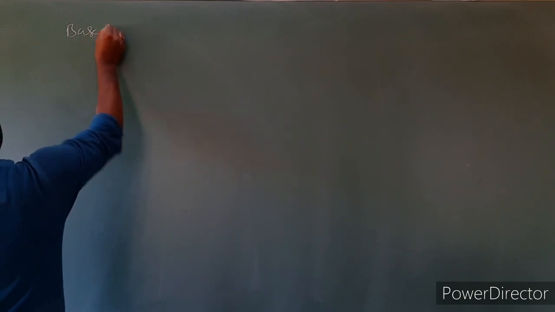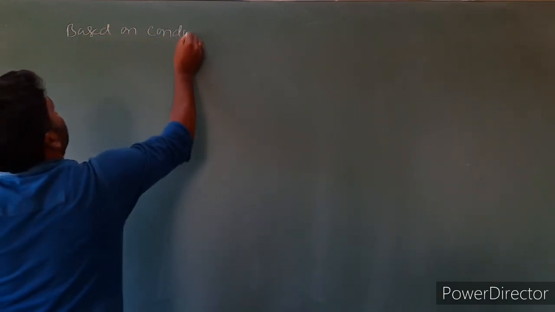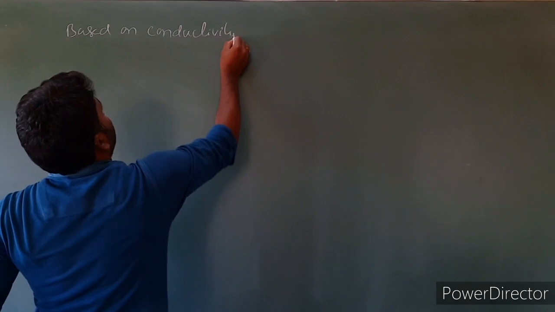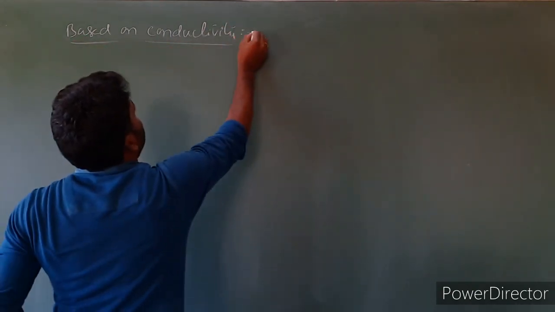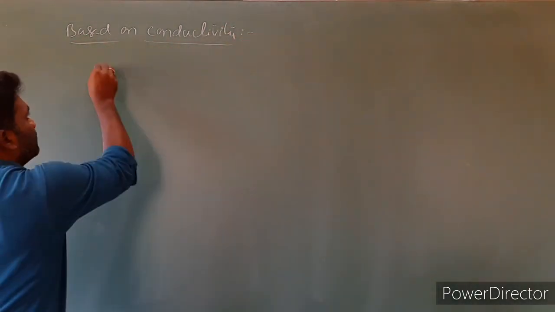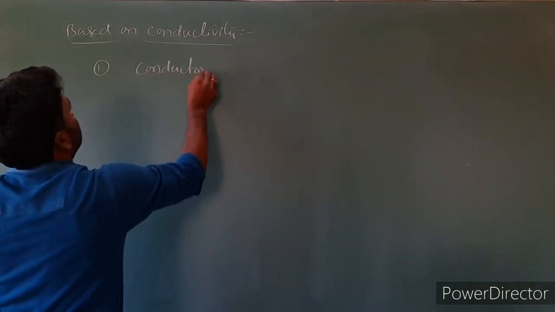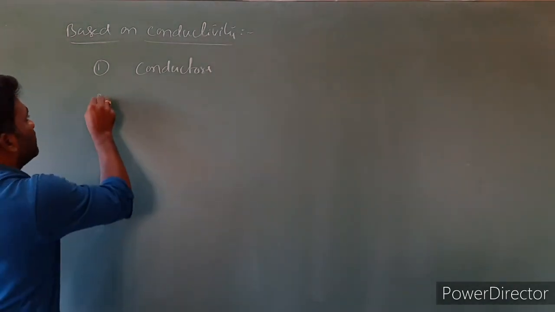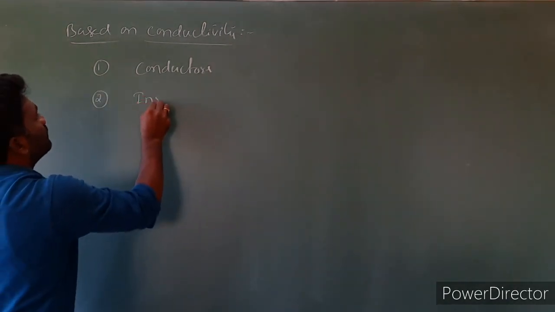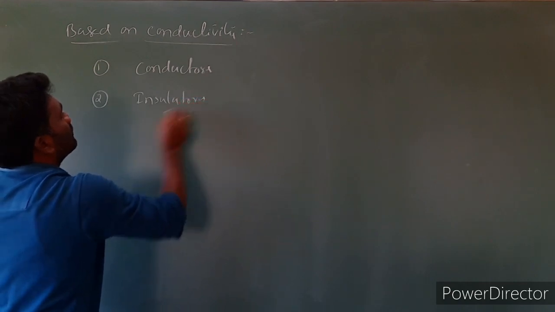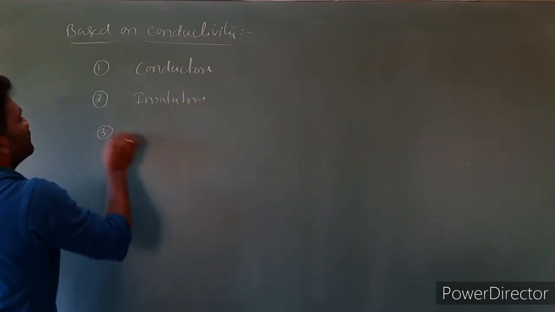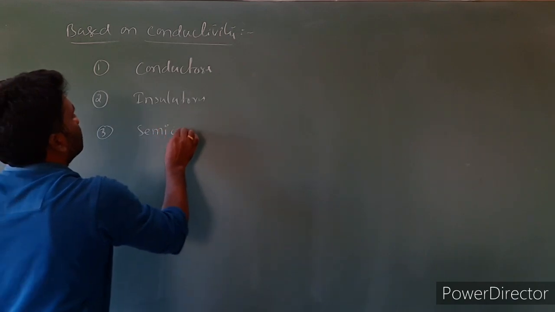Next, based on conductivity, solids are classified into 3 types. The first one is conductors, the second one is insulators, and the third one is semiconductors.